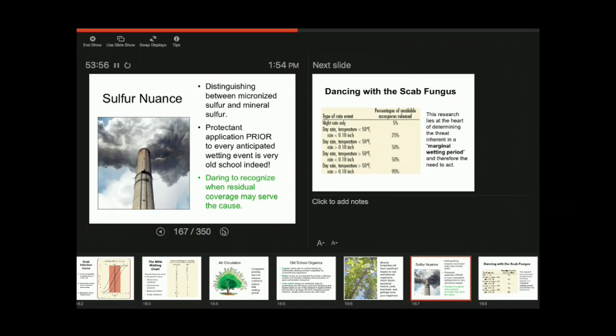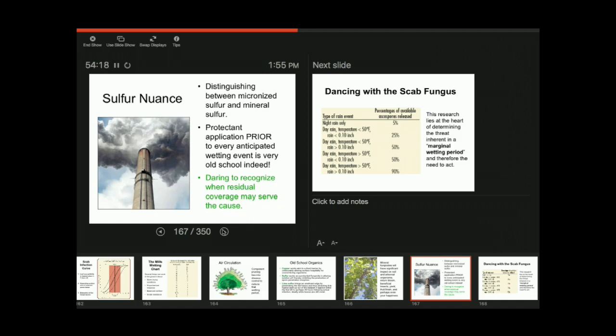So if you do use sulfur, you should understand that you want to buy a micronized sulfur product over a wettable sulfur product, just because the finer sulfur grains are going to last longer, up to 7 days on the tree. It's always been said that you need to have sulfur on before it rains.